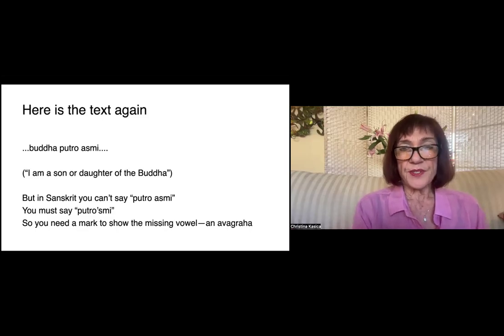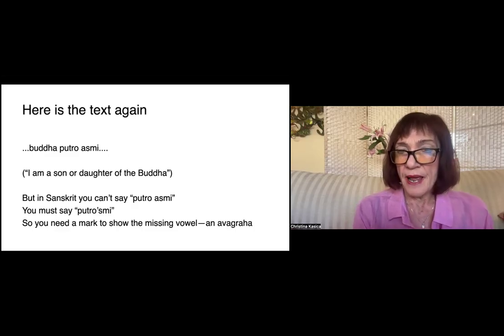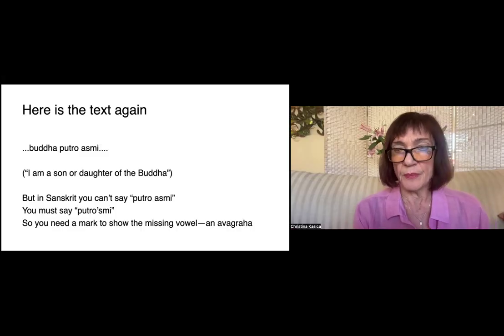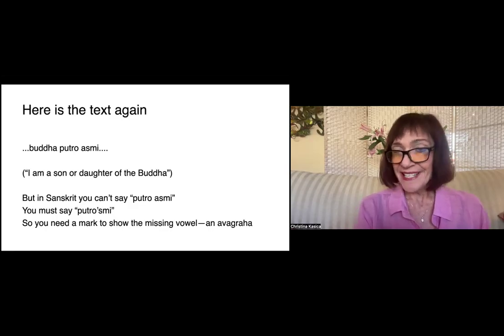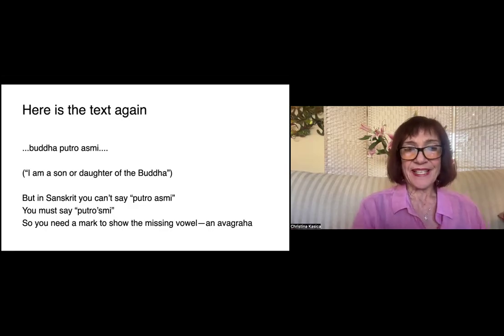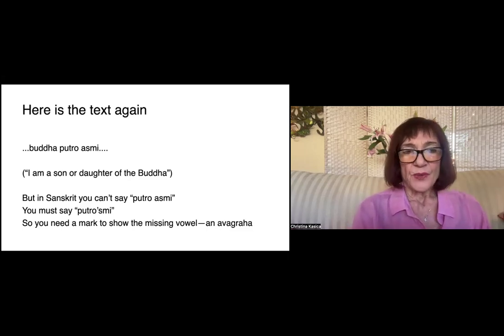So here is the text, and I've put in the missing letters. It says, Buddha putro asmi, meaning I am a son or daughter of the Buddha. Because it's a sound-based language, in Sanskrit, you can't say putro asmi. We can say it, but it sounds wrong to a Sanskrit speaker. So you have to say putrosmi.